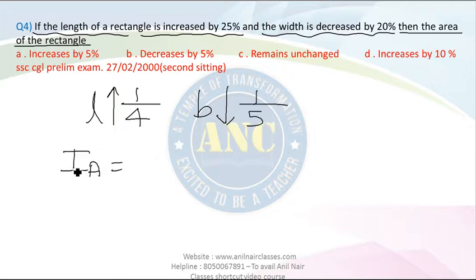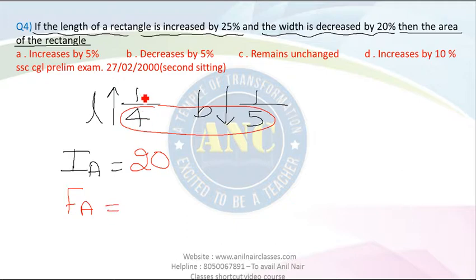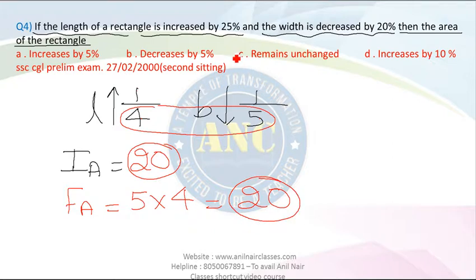Initial area is always the denominator, right? So the only thing you should do is multiply these two, 4 and 5, every time. 4 into 5 is 20. In the final area, from 4 there is an increase of 1, it becomes 5. From 5 there is a decrease of 1, it becomes 4. Final area is also 20. Initially 20, finally also 20. Area remains unchanged. How beautiful, sir.